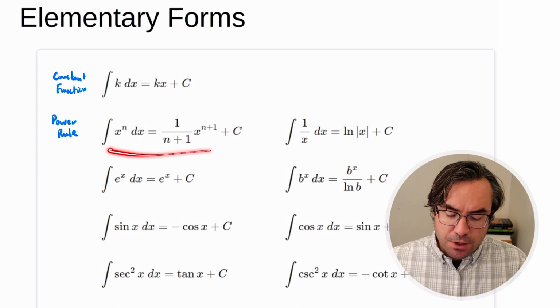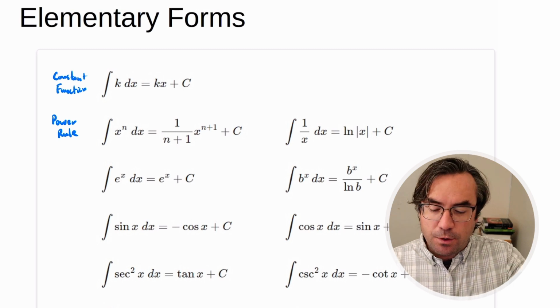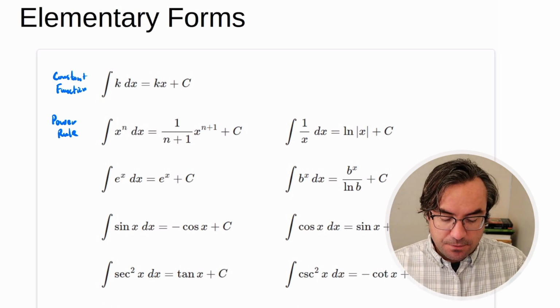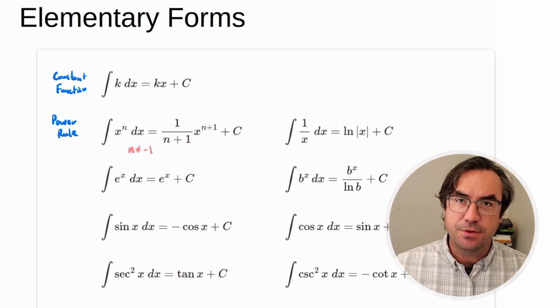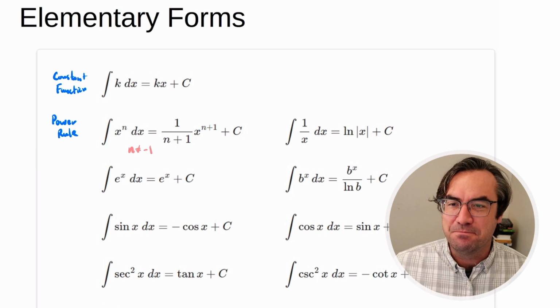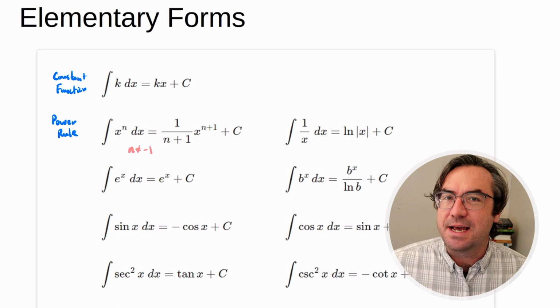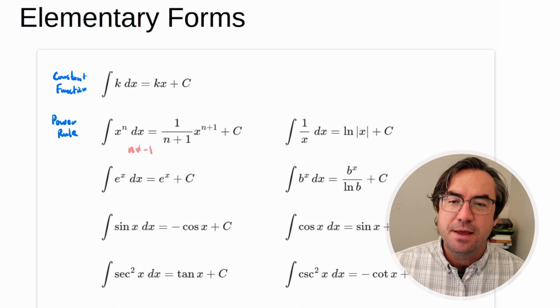Now, power rule, when we first introduced it, we said only worked if the exponent n did not equal negative 1. So that was kind of the one little caveat there for power rule. Works for most power functions, except when the exponent is negative 1.